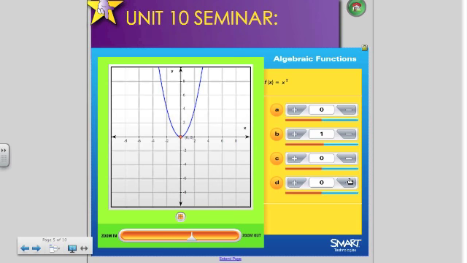So we've already spoken about if your A value gets bigger, your equation gets skinnier and skinnier and skinnier. We've also spoken about reflections and your graph getting wider.